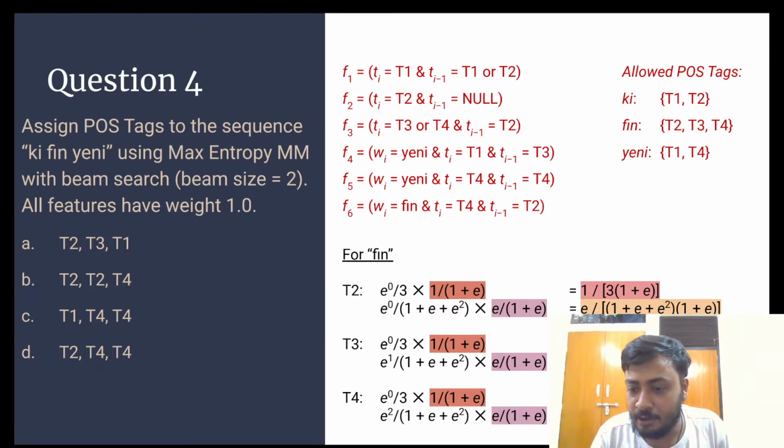And we get all these possible values. Now you have to go with beam size 2, right? So we have to take the two largest possible values. If you actually calculate, the largest possible values are these two, this green and the blue one: e square by 1 plus e square into 1 plus e, and e cube by the same thing.